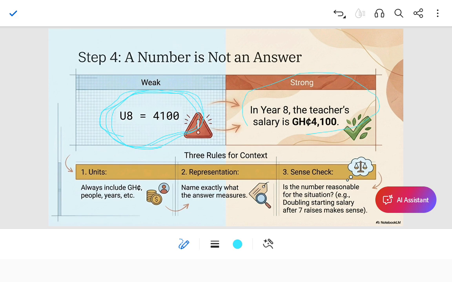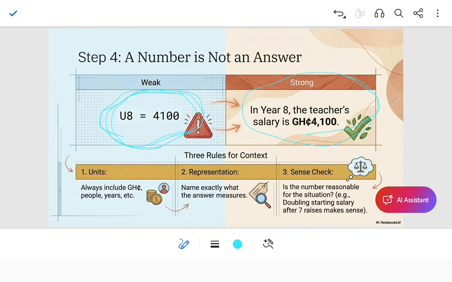Put them in question form in year 8. When you are answering, don't just write numbers. I have always been telling you, your solution should be in statements. When you are done, state the work clearly so that it will give better understanding.